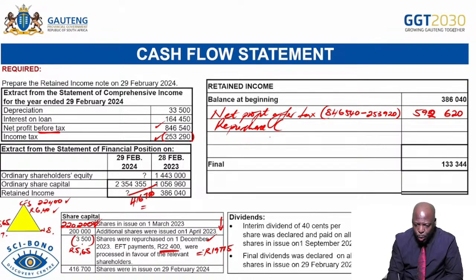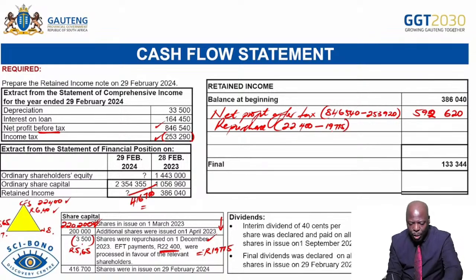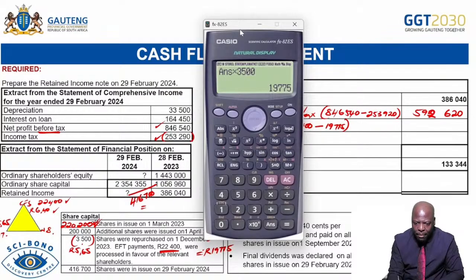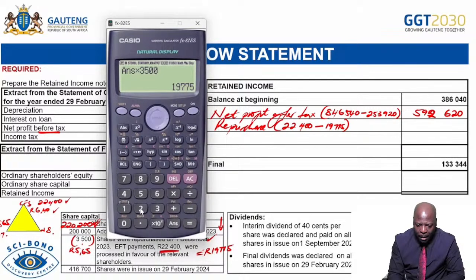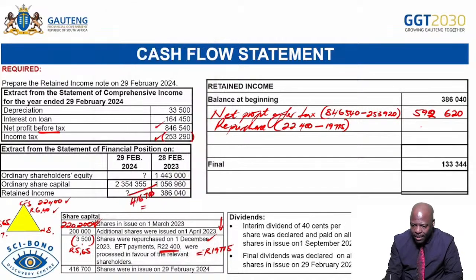We have paid in total 22.4, and the average price is 19,775. How much did we pay above? So I'm coming here now to say my 22.4 minus the 19,775. And that will give me 2,625. That is in brackets.